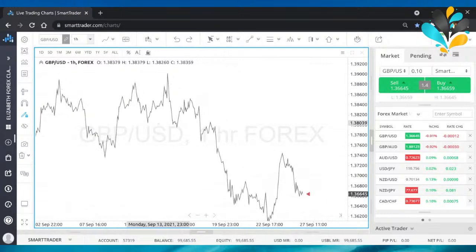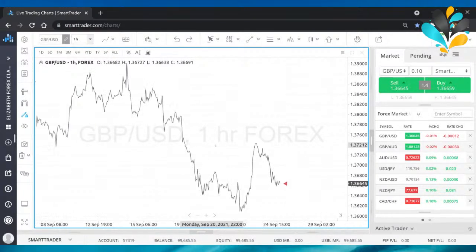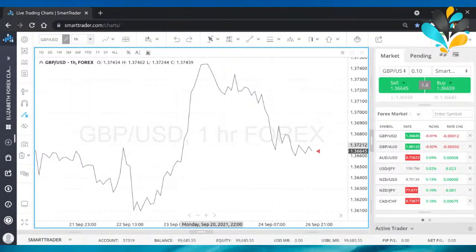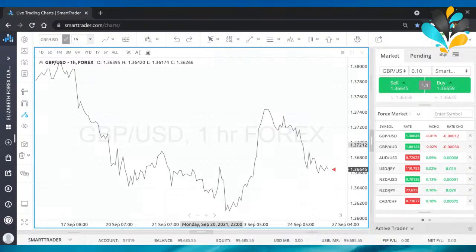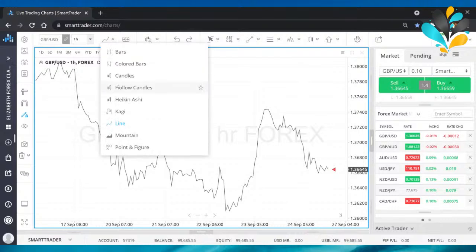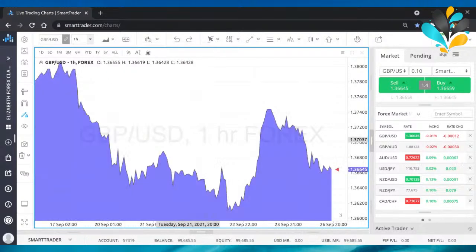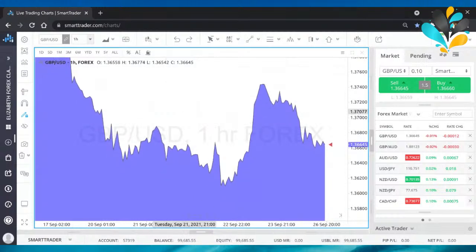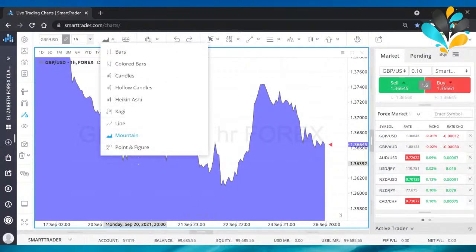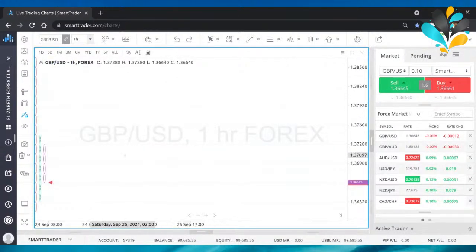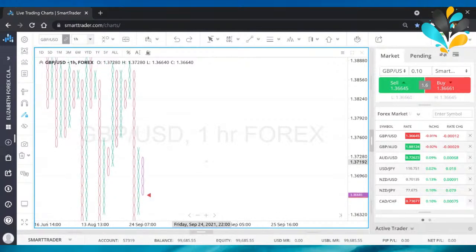Then there's the line chart, which doesn't actually show you much about how to read the movement, just where the market would have closed essentially. You have the mountain, which is basically a filled-in version of the line chart. And you have points and figures.